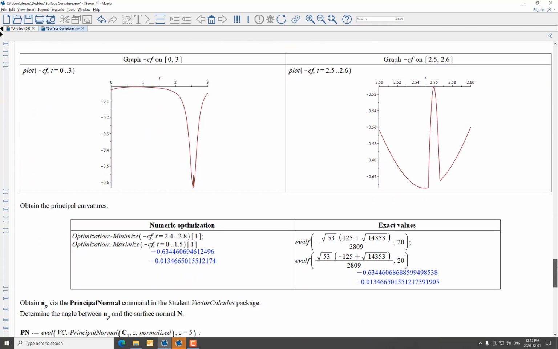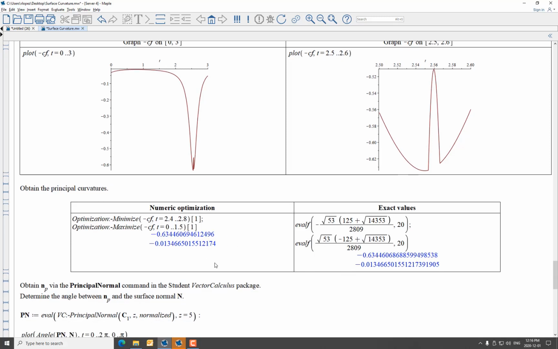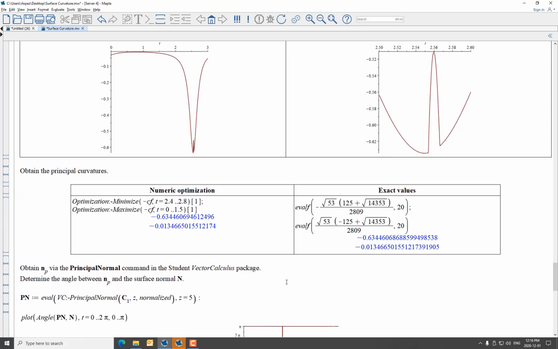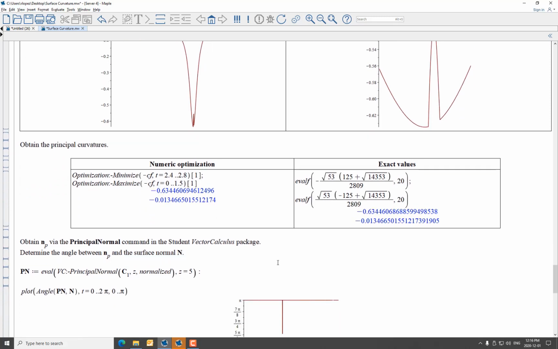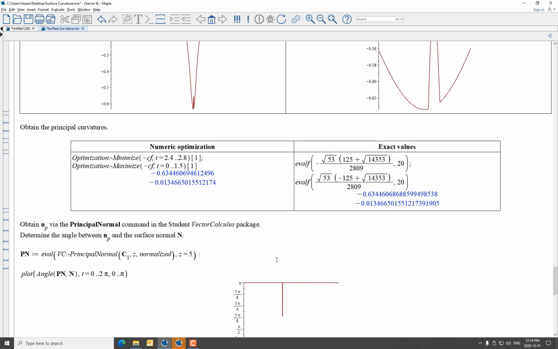But I went ahead and I computed the maximum and minimum of this curvature that I calculated, and I got these numbers. Then I did the calculation exactly, and I floated those numbers, and they match. So I figured, okay, I'm getting close. I'm on the right track. It's just that I got to worry about this glitch.